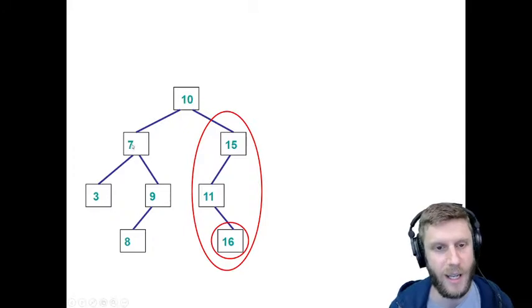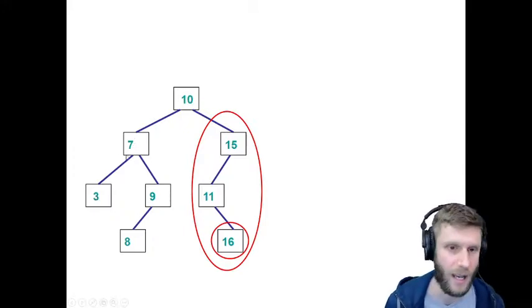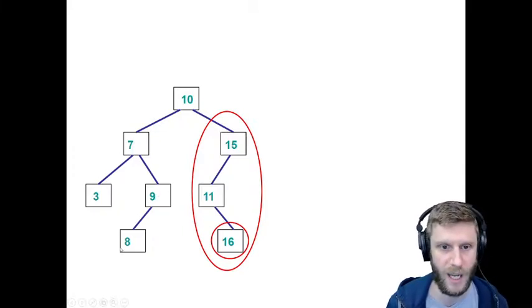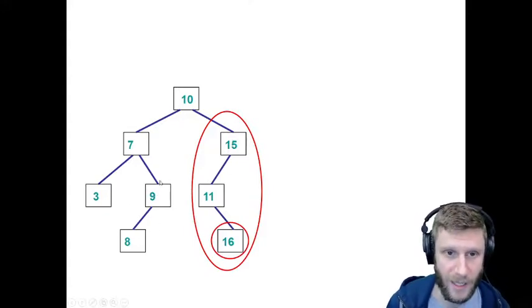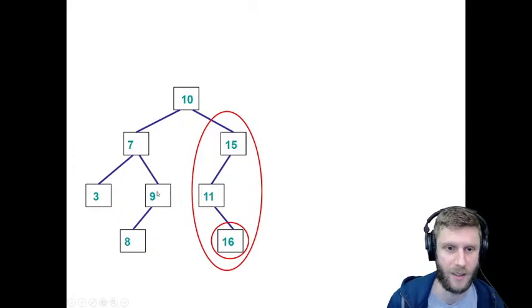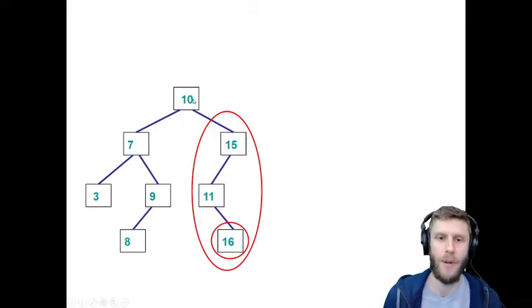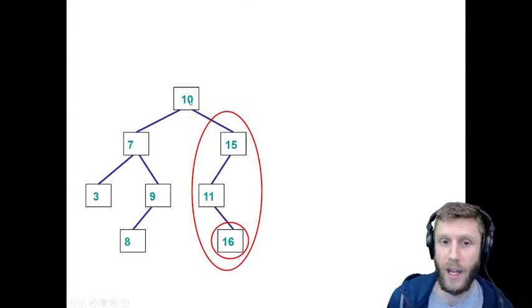Is everything to the left of 7 less than 7? 3, okay, yes. Is everything to the right of 7 greater than 7? Well, we've got the 9 and the 8. I know 8's less than 9, which is good because it's on the left. But 8 is to the right of 7, because you have to go through its right child to get to the 8. Then over here, 15, 11, and 16 are all greater than 10.